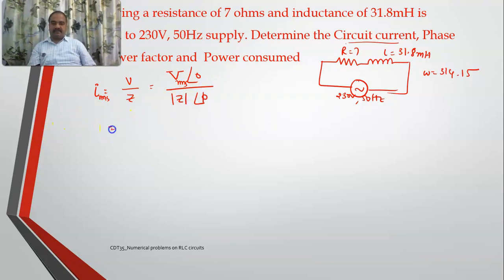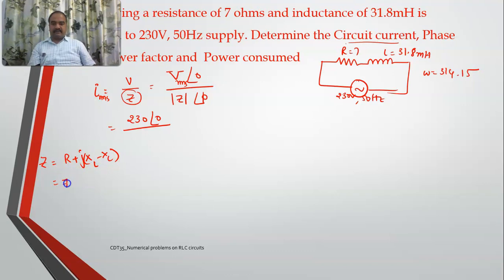That's it. Or otherwise I can write it. See here. This is VRMS at an angle of 0, which is my 230 at an angle of 0 by Z. In this case, Z is only having R and L. So first let me calculate Z. It is R plus j(XL minus XC).